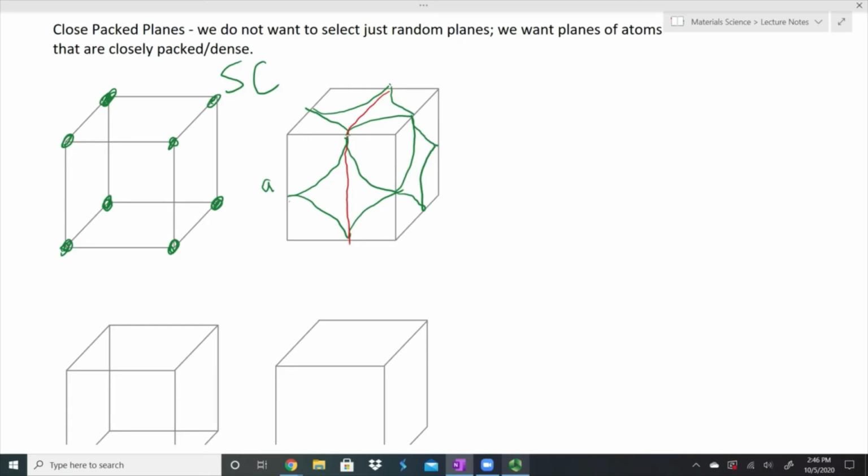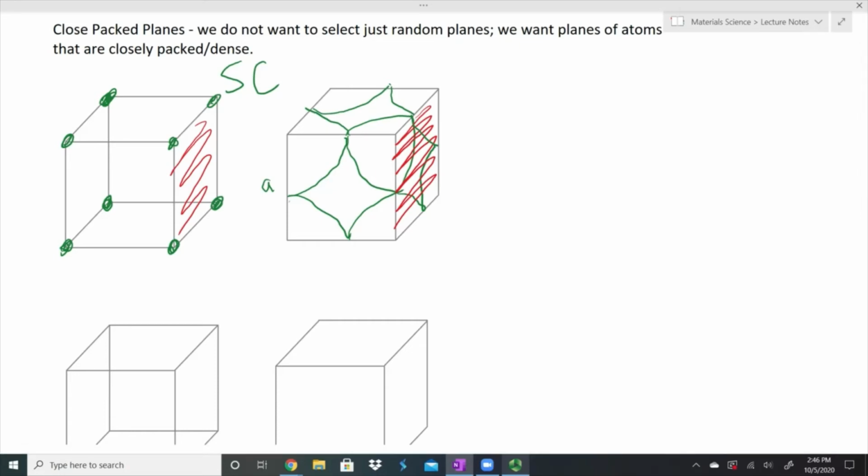So that's not a good place to cut if we're looking to find the most densely packed plane. In this case, we actually are going to find any one of the surfaces. So here's a complete surface here that corresponds to this surface. And in the case of simple cubic, this is actually going to be the most densely packed plane.